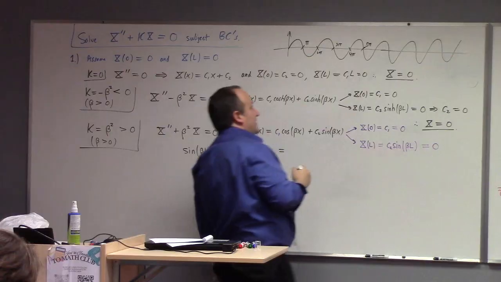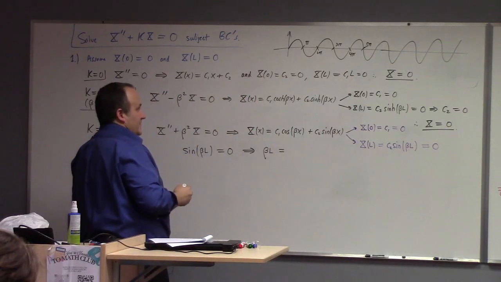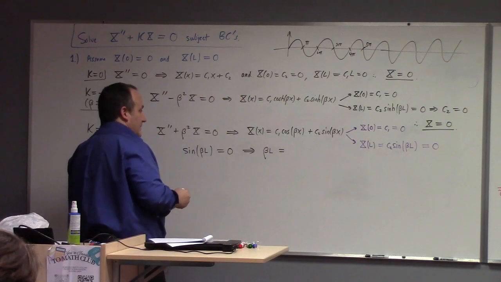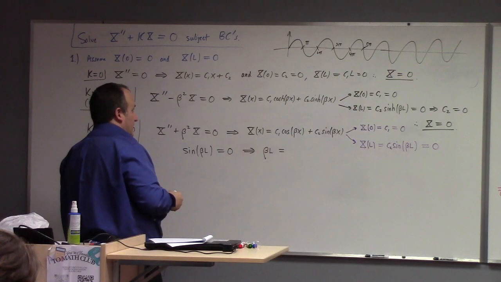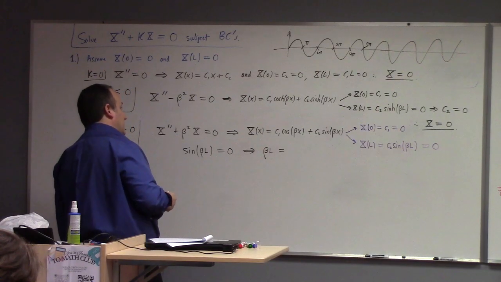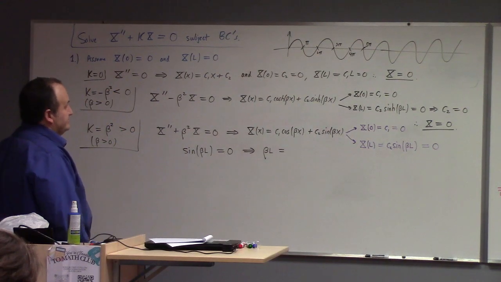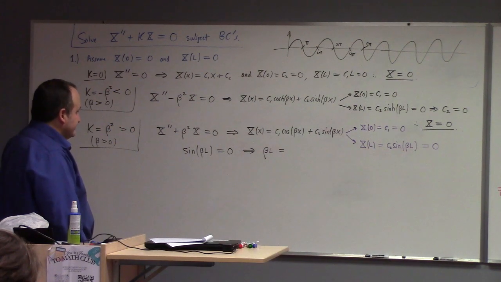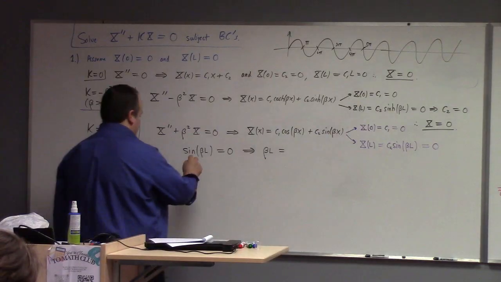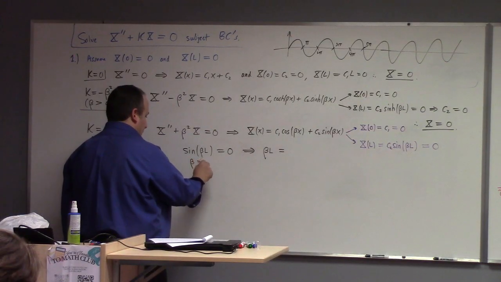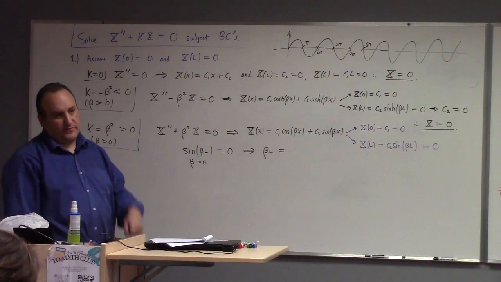We could be here all day, right? Yeah, except for pi. So wouldn't it just be beta L is equal to pi? Or no, pi t? Hmm. I mean, we do know that beta is positive, right? And we also are assuming L is positive.